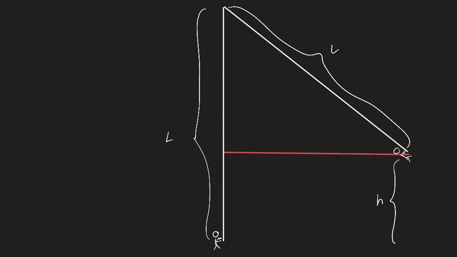I'm going to draw a horizontal line here and mark that this must also be H. Everybody see that okay? And I've drawn that in such a way as to make this a right angle.